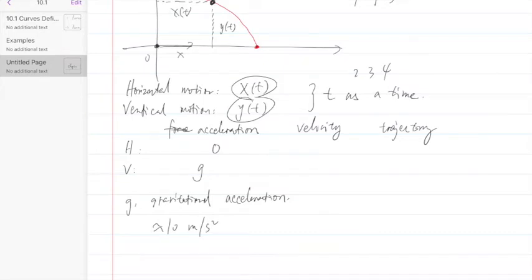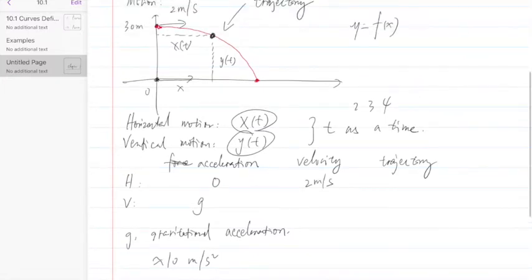Okay? Then what's the velocity? Well, horizontally, the velocity is going to be 2 meters per second, because initially you did a horizontal velocity and there's no force, no acceleration. Therefore, this one will keep traveling at the constant speed, which is 2 meters per second. What about the velocity vertically?